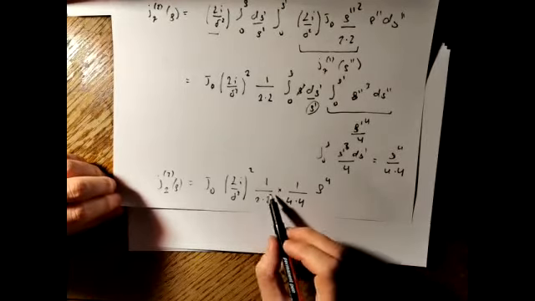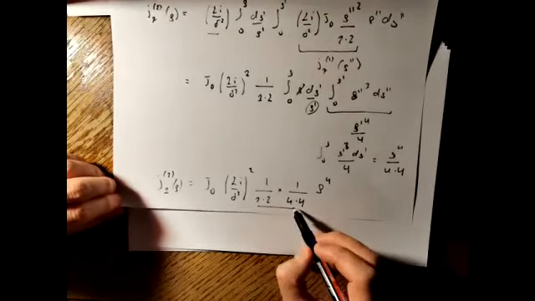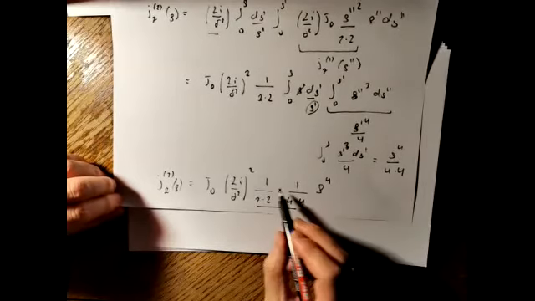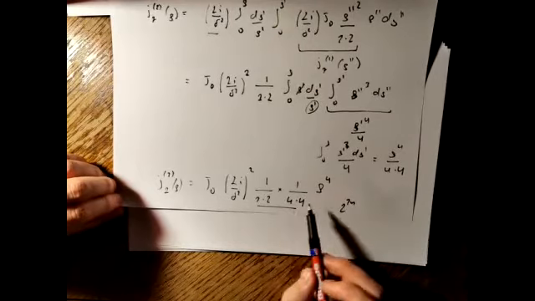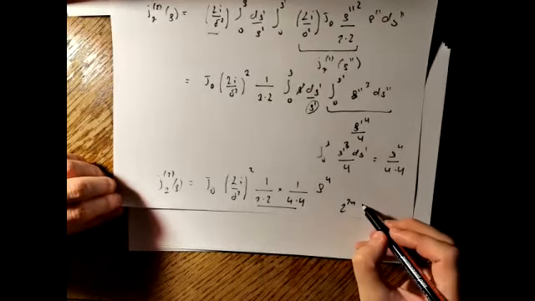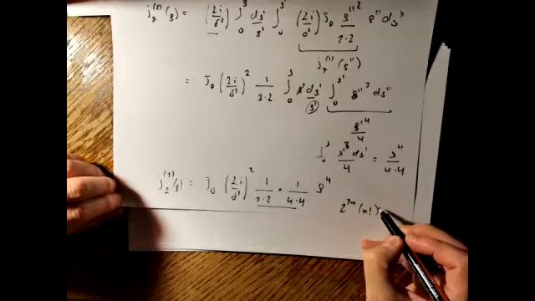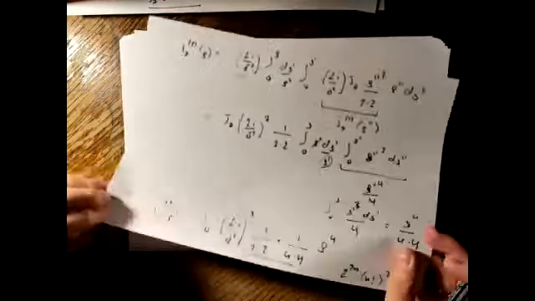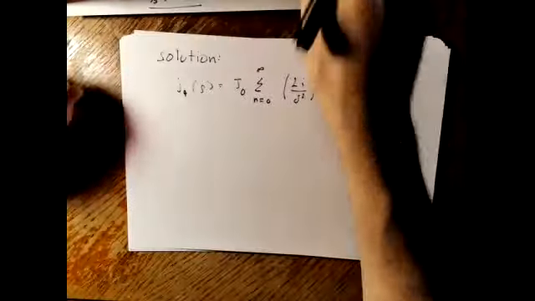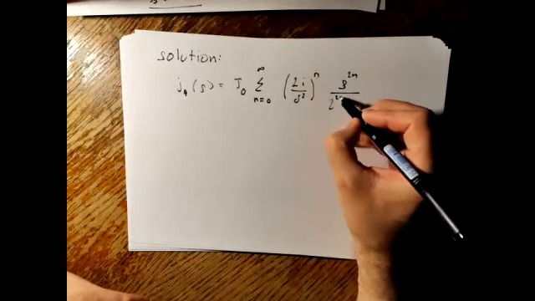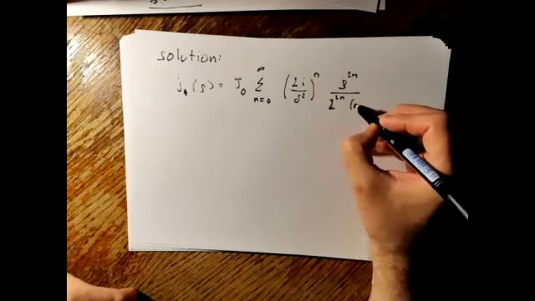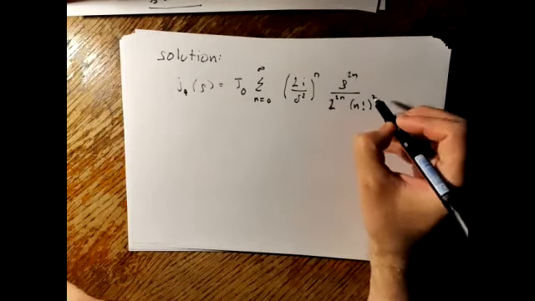For example, I'm going to take 4 factors of 2 out of this one: 2 to the 2n, n is 2 in this case, times n factorial squared. So the final solution ends up being 2 to the n times n factorial squared.